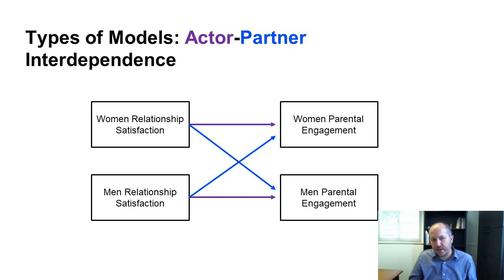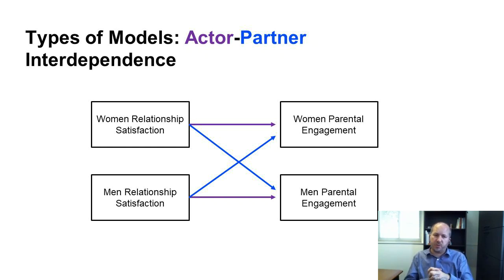I highlighted this in different colors so you can see the difference between the actor paths and the partner paths, so that we're actually looking at matched couples. In this instance, how does men's reports of relationship satisfaction impact their partners', so women's, parental engagement? And this really expands what you can do.